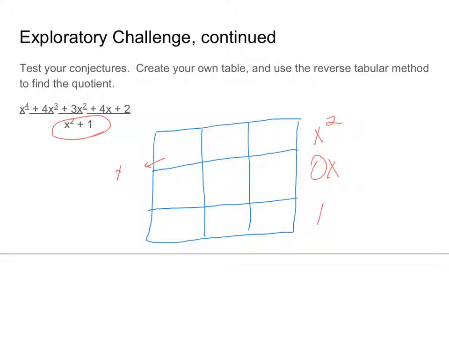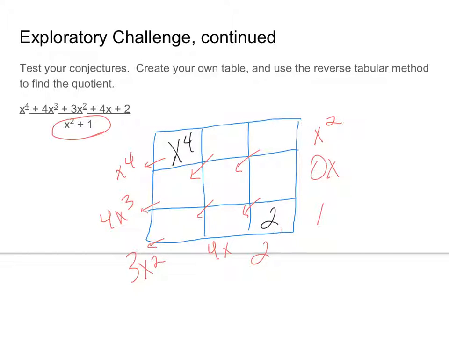Here we have our x to the fourth, 4x cubed, 3x squared, 4x, and 2. Okay, it's easiest to write in the first and the last because that doesn't take any math, any calculations.